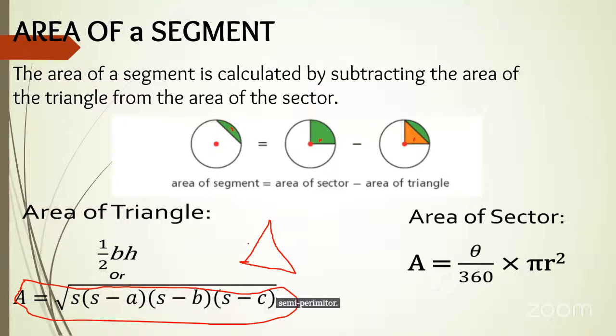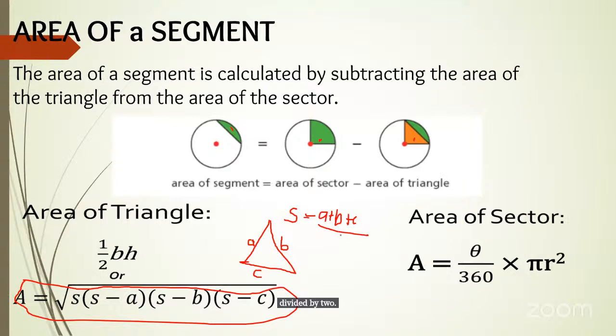So when we are dealing with a non-right angle triangle, that's when we use the Heron's formula. In order for us to use the Heron's formula, we have to have all the sides. So the semi-perimeter is equal to a plus b plus c divided by 2.